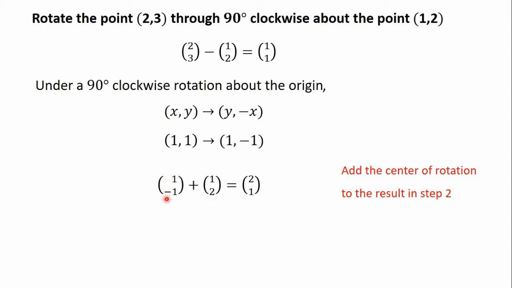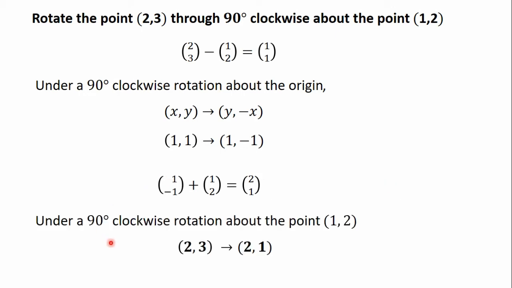So you have (1, -1) plus (1, 2). 1 plus 1 will give us 2, -1 plus 2 will give us 1. And this (2, 1) will become the image of the point. So this means that under a 90 degrees clockwise rotation about the point 1, 2, the point 2, 3 will give us the image (2, 1).